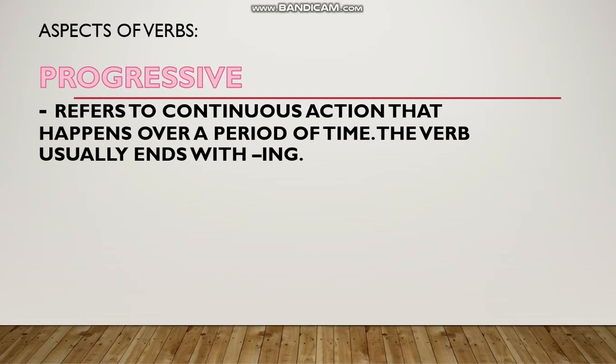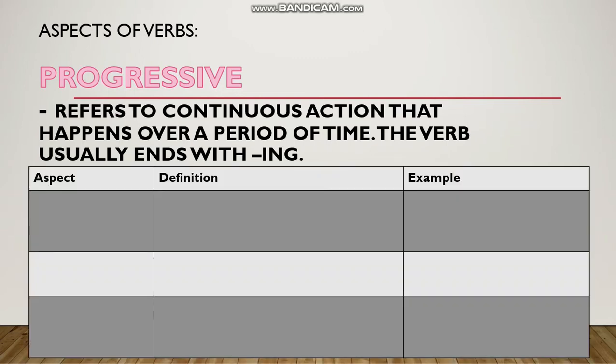Notice that these three letters are important in determining the progressiveness of the verb. It is our main ingredient, ing. Okay, so let's start. I have here aspects, definition, and example.